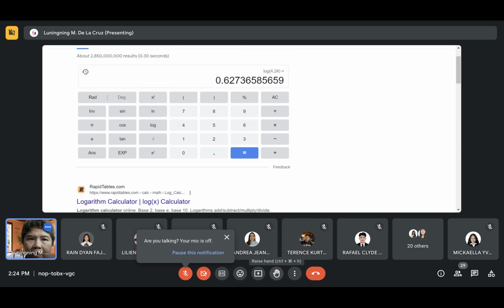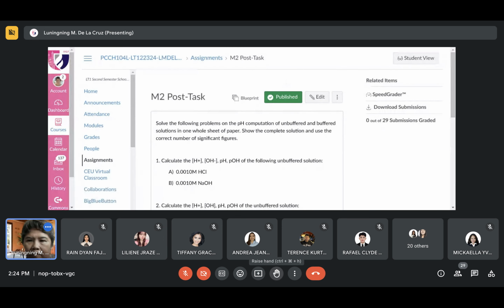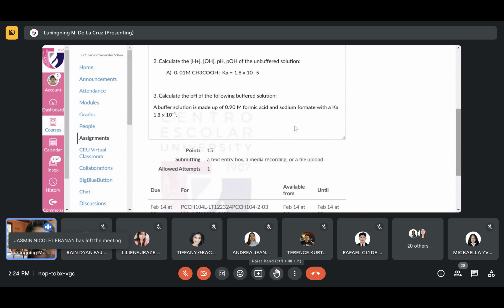So, 3.74 plus what? The negative log of 0.90. The negative log of 0.90 and okay.